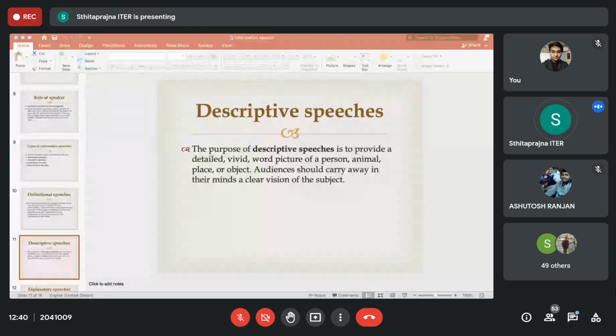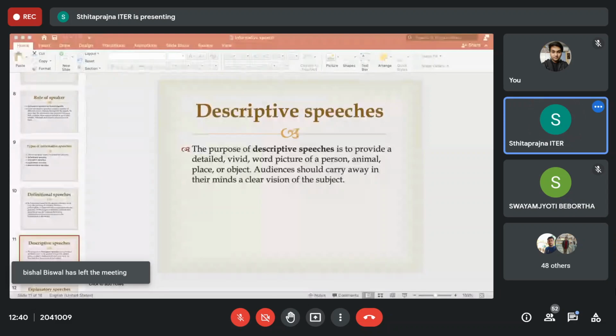Okay. So the purpose of descriptive speeches is to provide a detailed, vivid description. It has to be extremely vivid. It should be like a word picture.